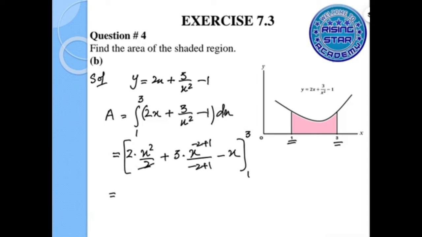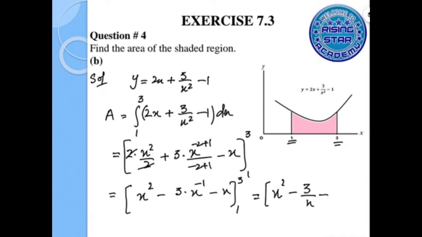Further simplify, that is going to cancel out. We have x squared minus 3 into x to the power of negative 1, minus x, limit 1 to 3. On further simplification, we have x squared minus 3 over x minus x, and limit 1 to 3.